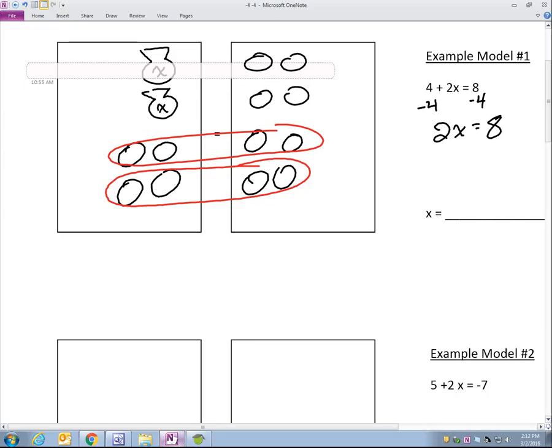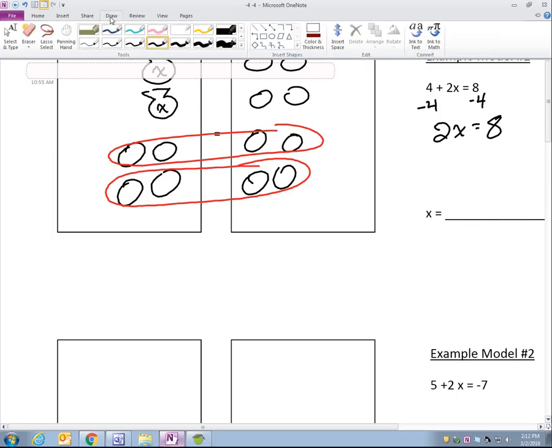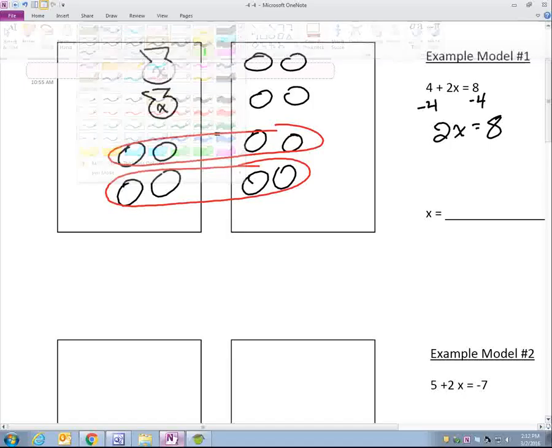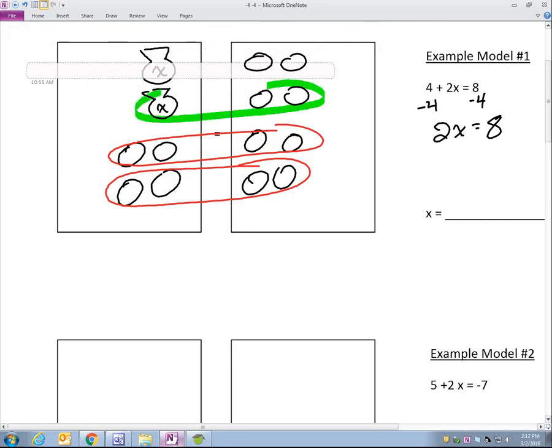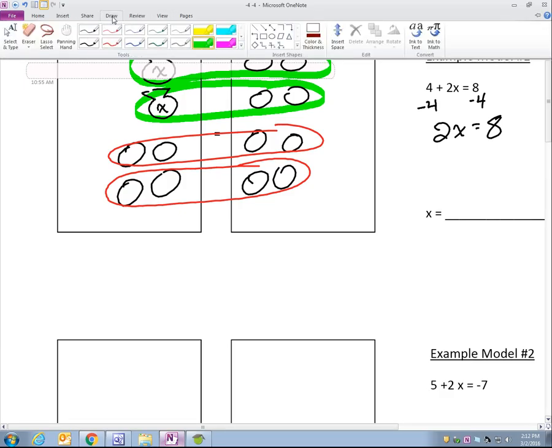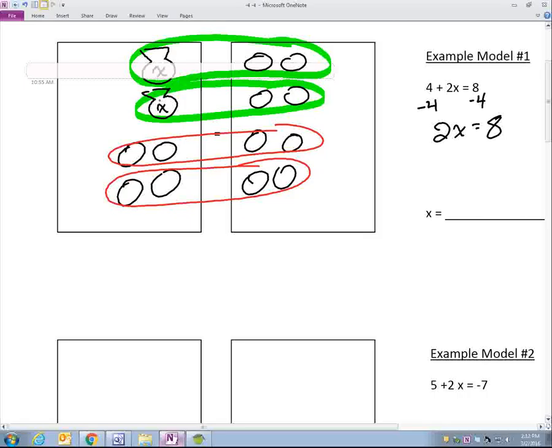Now if I have 2 bags and 2 sets of coins, I can circle these guys, and lo and behold, how many coins in each bag? Braden? Thank you.